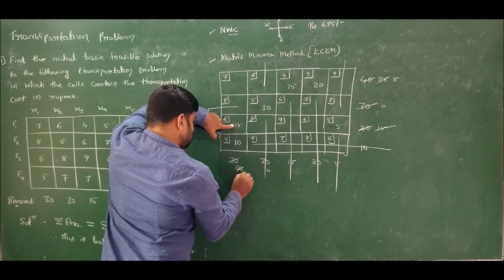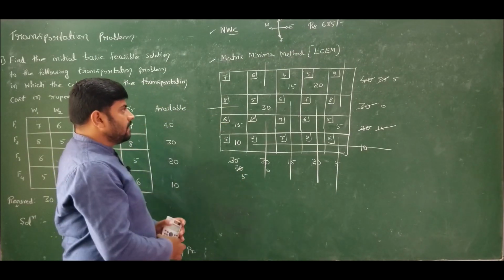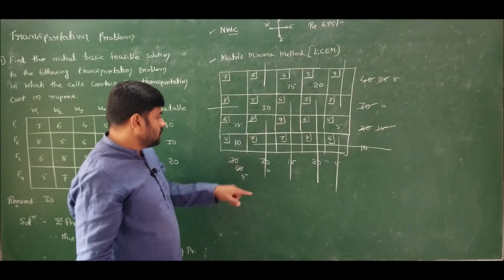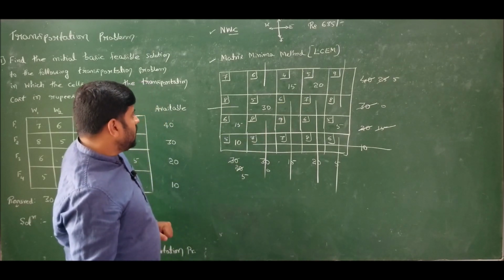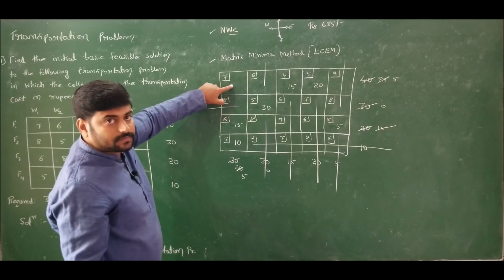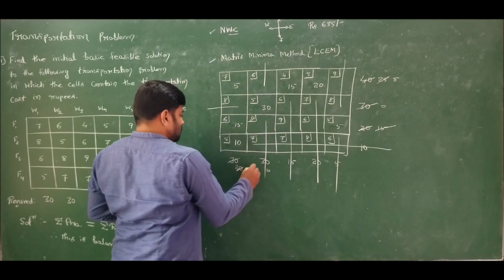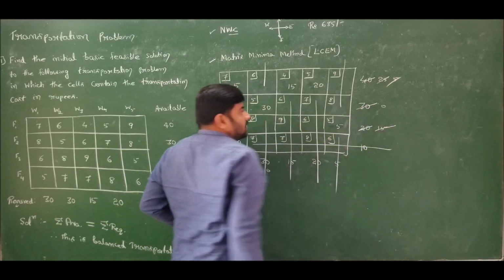So remaining is 5. Now we are left with only 2, 5 and 5, and we have only one point to allocate, that is here. So allocate 5. So this is also gone and this is also gone.